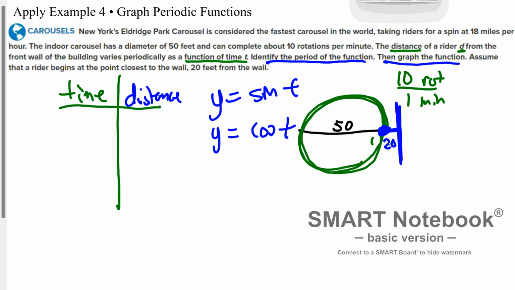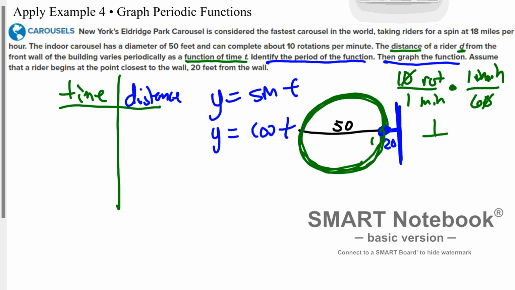As they rotate around, how long would it take to rotate once around? We do 10 rotations every minute. If I convert this, 1 minute is 60 seconds, then we can cancel these out.